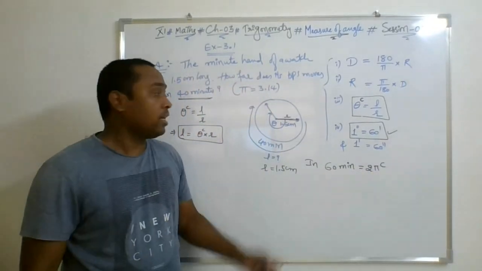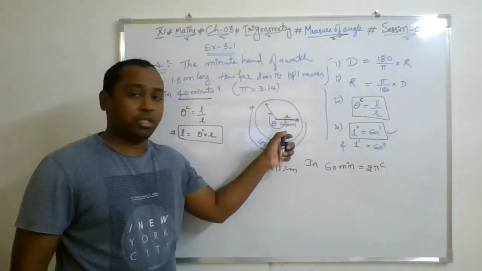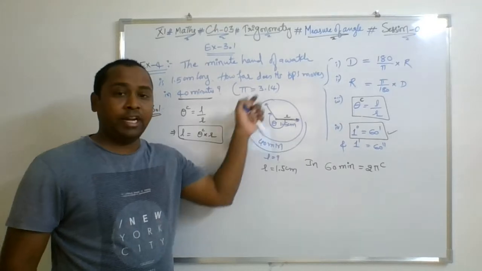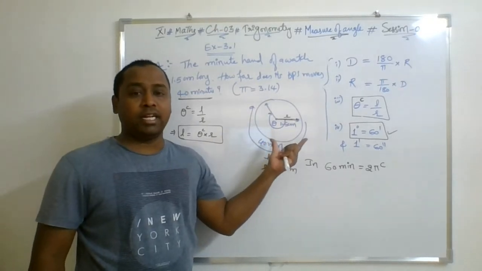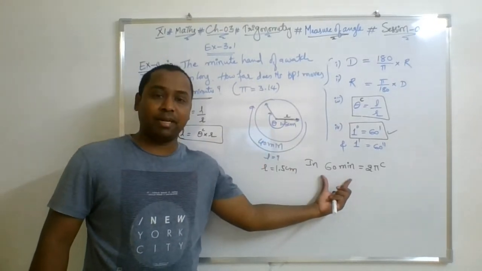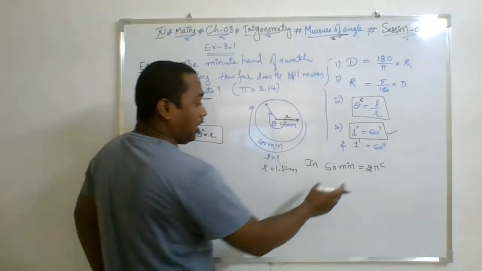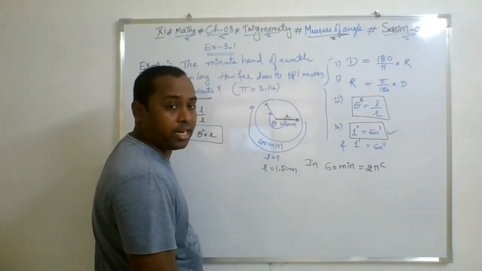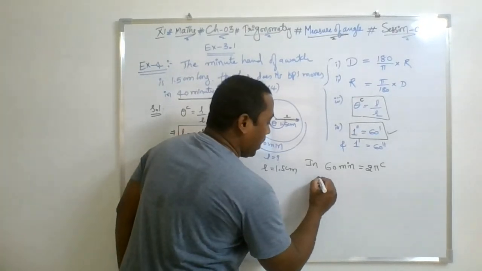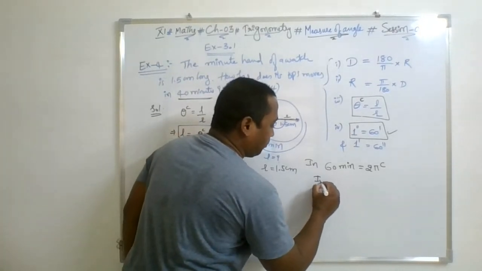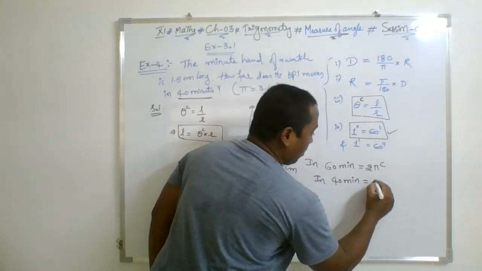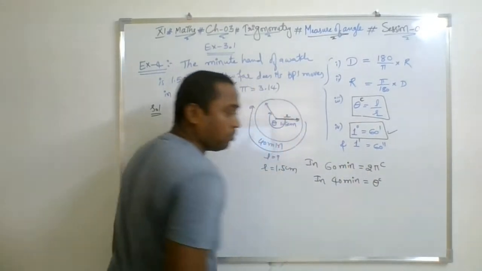Getting my point? In one complete rotation, 2 pi radians will be formed, so in a complete rotation the minute hand moves 60 minutes. So in 60 minutes, 2 pi radian angle is formed. Therefore, in 40 minutes how much angle is formed? That is the question mark.